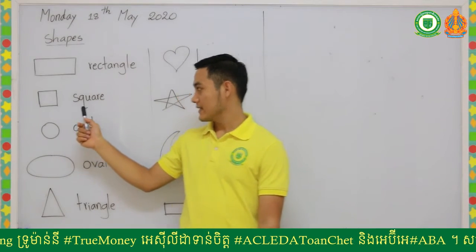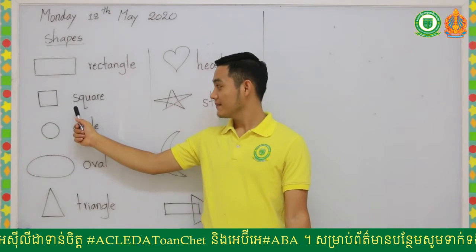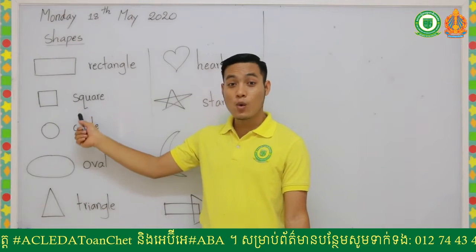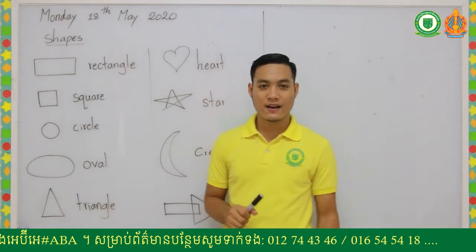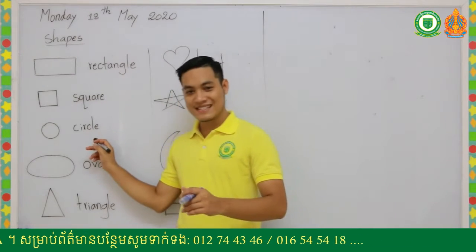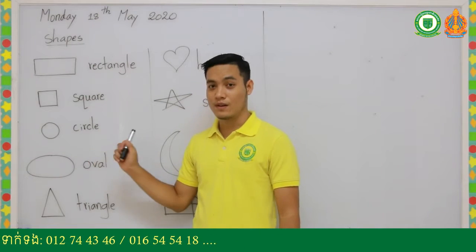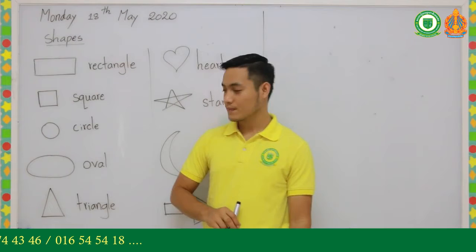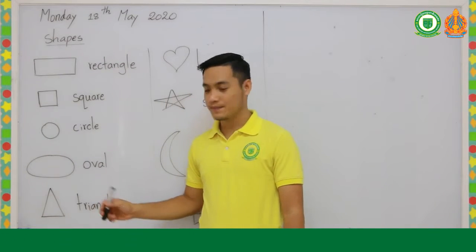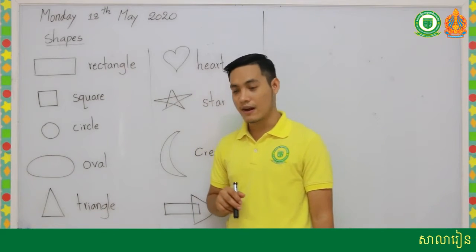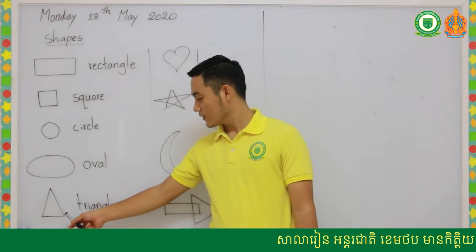And what about this? Jusan and Chai, what's this? Okay, read this. Square. Square. All right. And this one, the easy one, is circle. All right. Circle. And this one is oval. Right? And the next one is triangle.